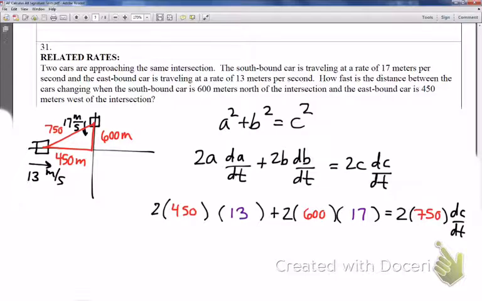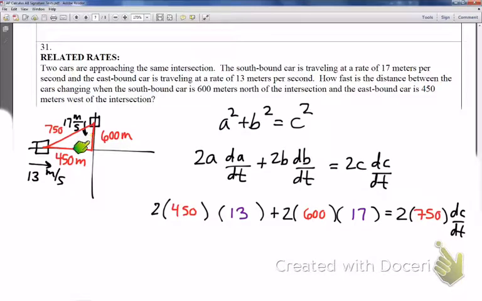Now, one thing we should keep in mind is that normally there are key words that tell us if it's getting bigger or smaller, like increasing or decreasing. Here, when it says the car is traveling at 17 meters per second south and 13 meters per second east, that doesn't really give us a sign as far as positive or negative.